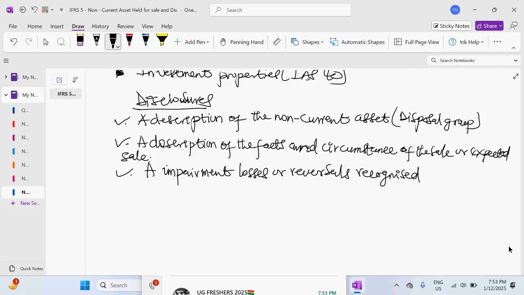All right. So now let's take some examples and you see how it works. The main thing is for you to understand the concept. If you understand the concept, no matter how they frame the question, you should be able to do something.